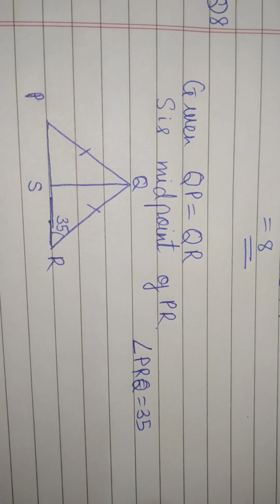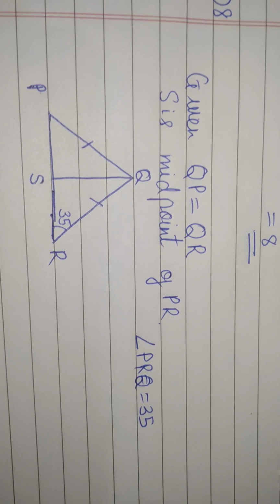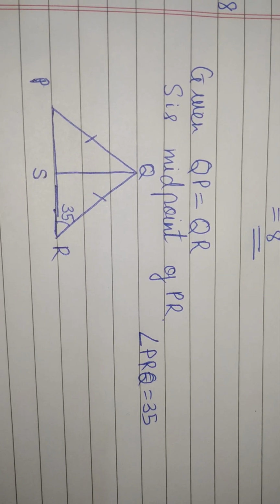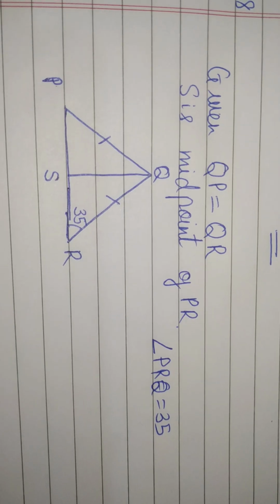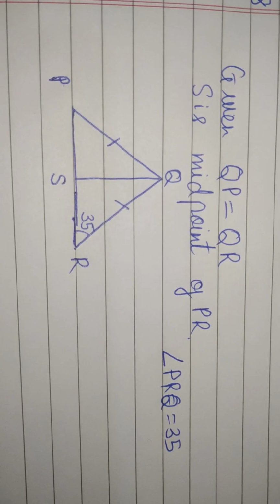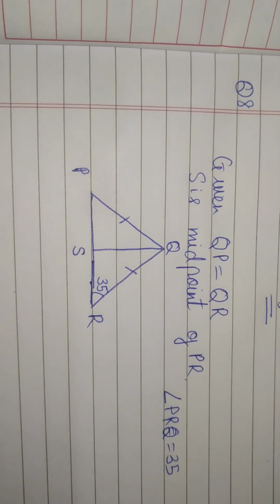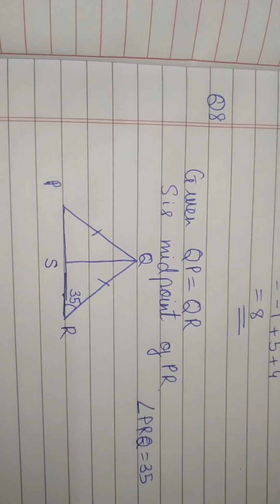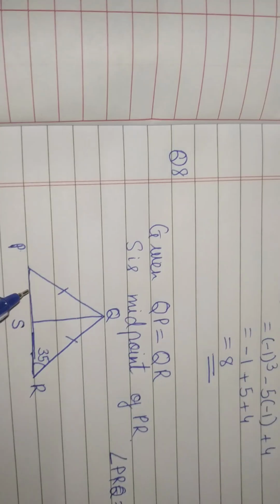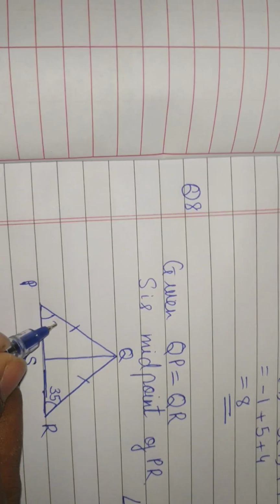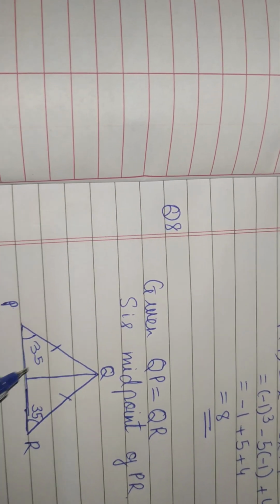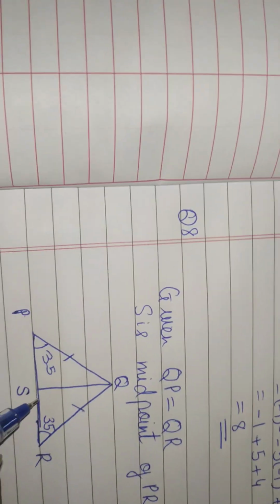Given QP is equal to QR, S is the midpoint of PR. So the figure looks similar to this. Angle R is 35, so angle P will also be 35. S is the midpoint.